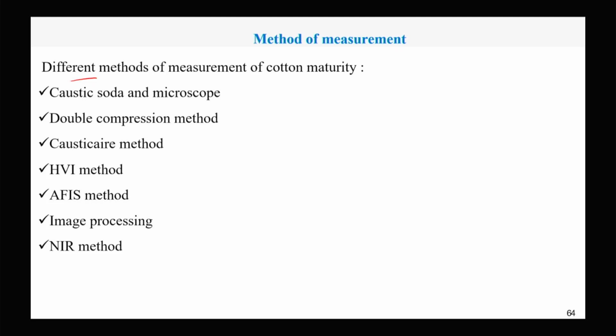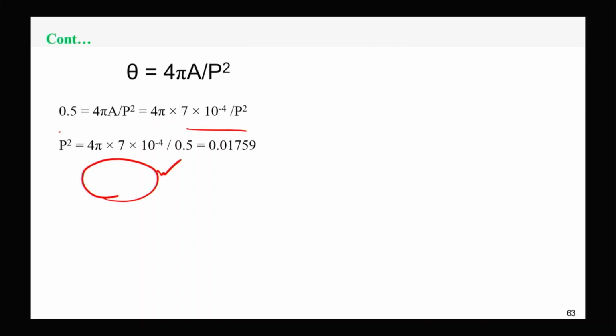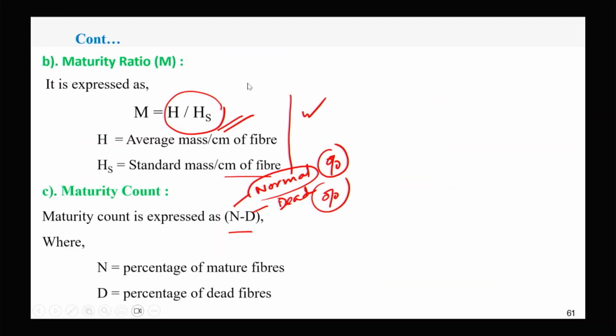So earlier we have discussed different parameters to express maturity. Now in the caustic soda and microscope method we express the maturity ratio M, which we have discussed earlier as the ratio of the linear density of fiber.